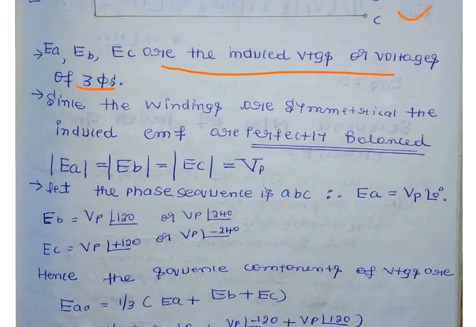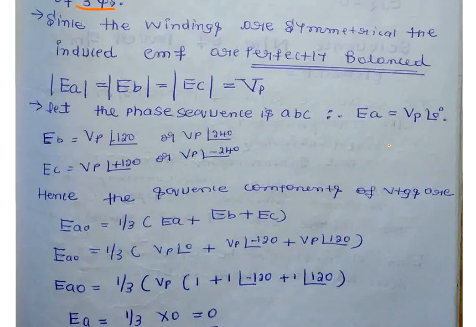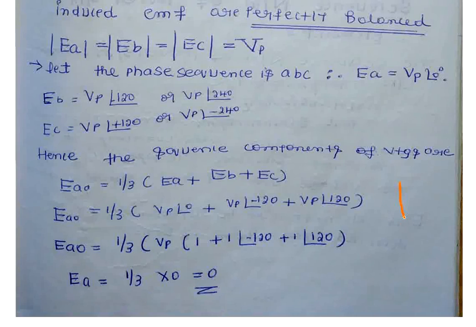Let the phase sequence be A, B, C. Phase sequence means, this is A, this is B, and this is C, rotating in the anti-clockwise direction.